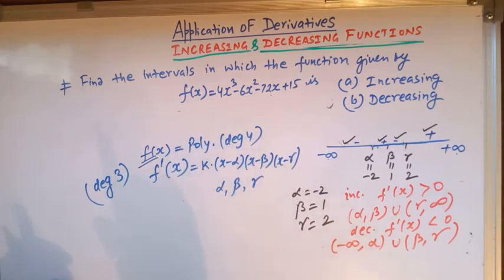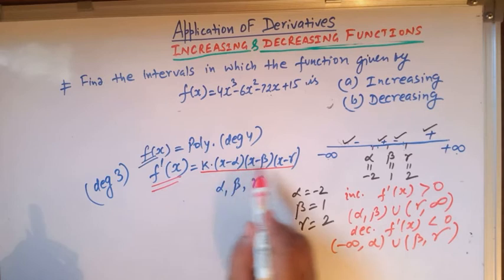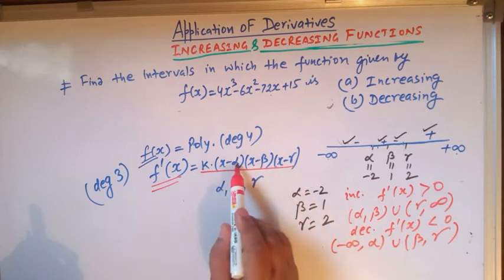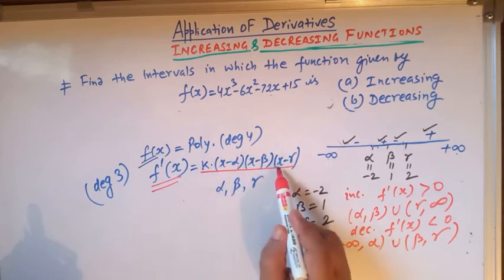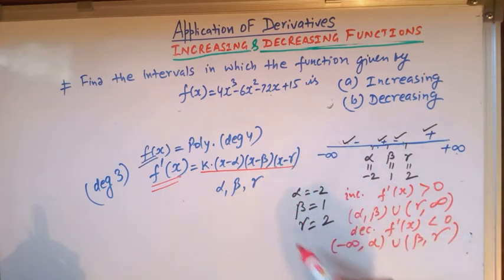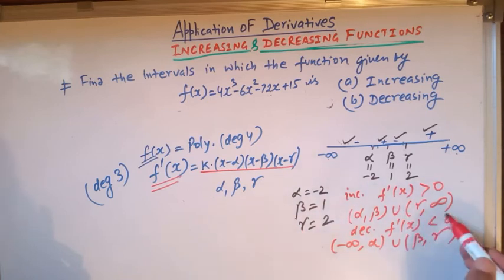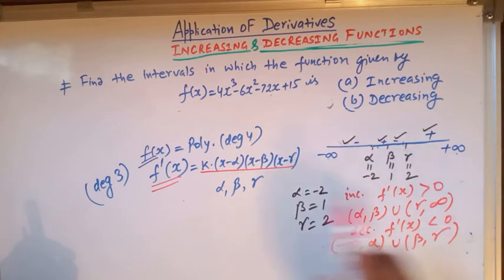Now let me tell you here one more thing. Clear? So if we have this derivative in this form, that is k times (x minus alpha)(x minus beta)(x minus gamma), then this will be the scheme. Clear? Then by this scheme we'll write the intervals for the function to be increasing and decreasing.